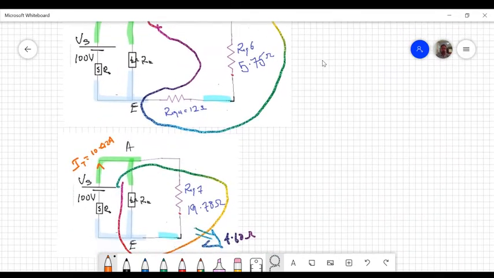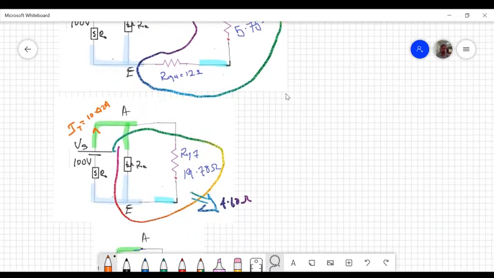So next, I'm going to solve this second circuit here. I want to find the current going through this 6 ohm resistor, which is the R2. So I want to find this current, which I'm going to call I1.